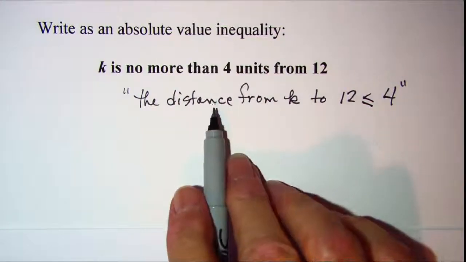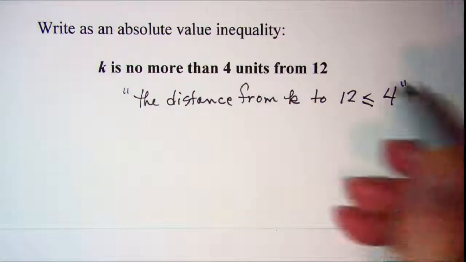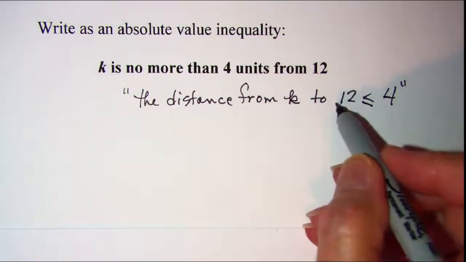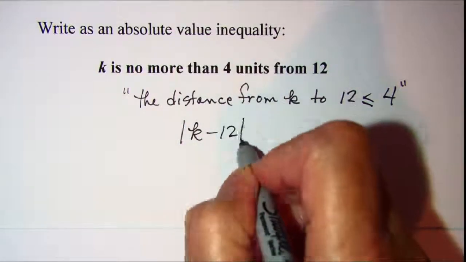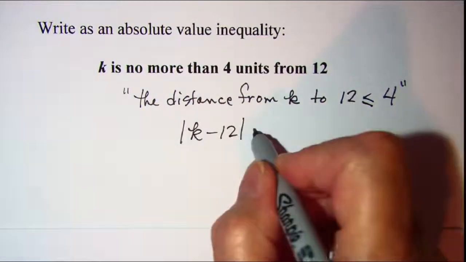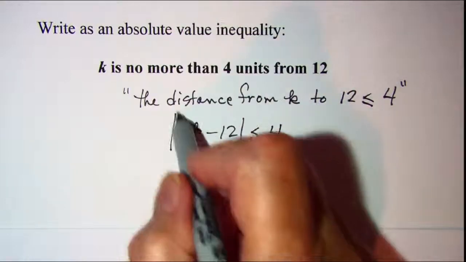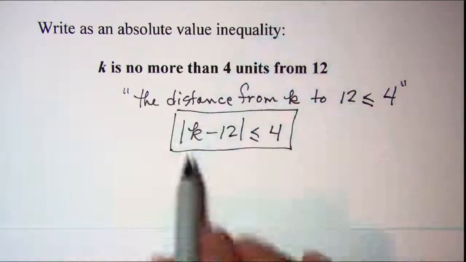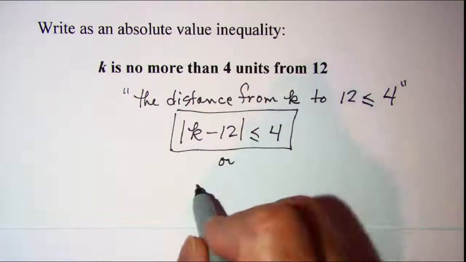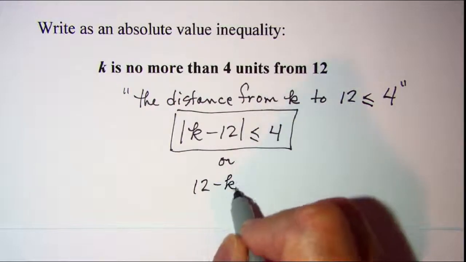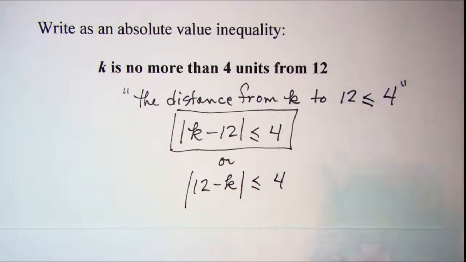So our absolute value statement that we're going to write to show this is the absolute value of k minus 12, that distance is less than or equal to 4. Now if you absolutely have to, you can turn this around and write 12 minus k in the absolute value is less than or equal to 4, and it'll be okay.